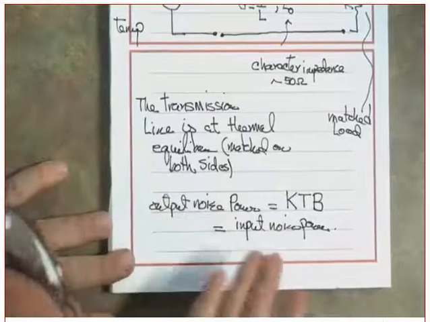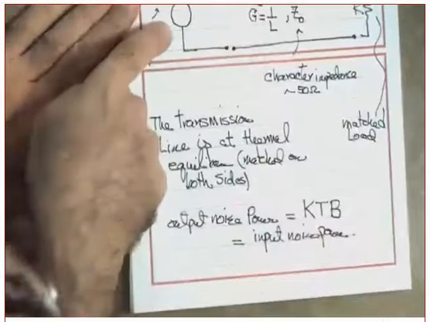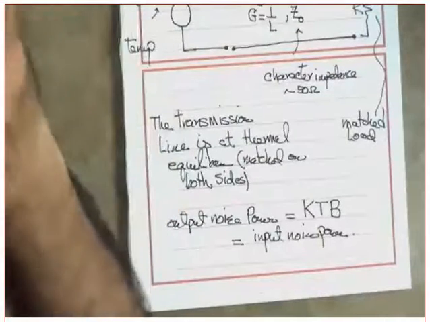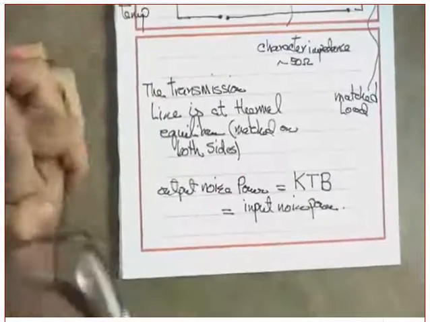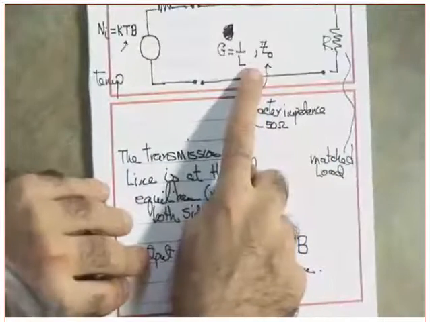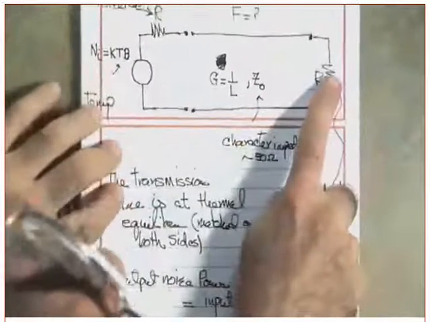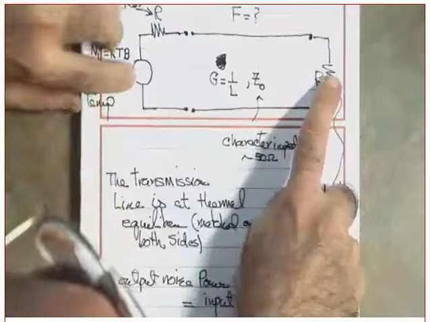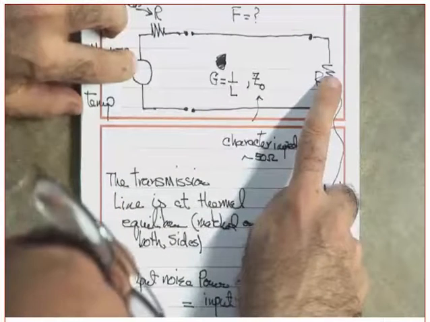What input noise power? When I say input noise power, I mean this source, the antenna. Let's assume it's the antenna. But the line is lossy. That's why we put an L. If I tell you that the output noise power here is the same as the noise power generated by this source, what does it mean?